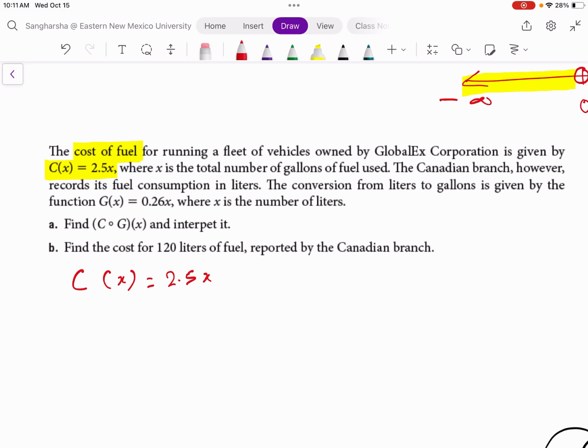Here our X is the number of gallons of fuel.